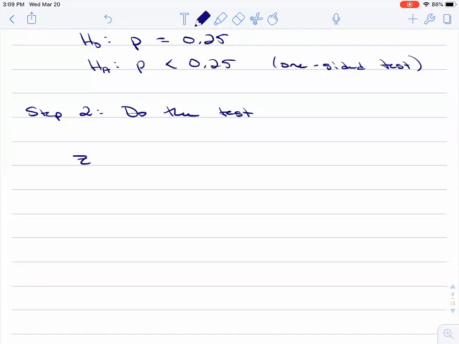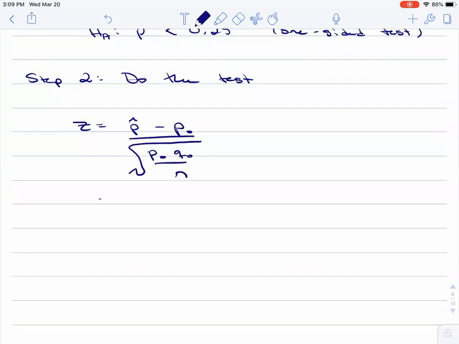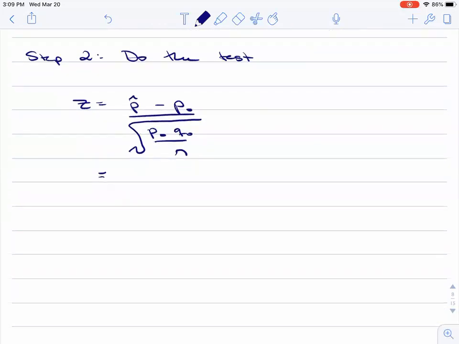So we have to calculate Z is P hat minus P naught all over the square root of P naught Q naught over N. So we've got P hat, sorry, is 0.160, right?